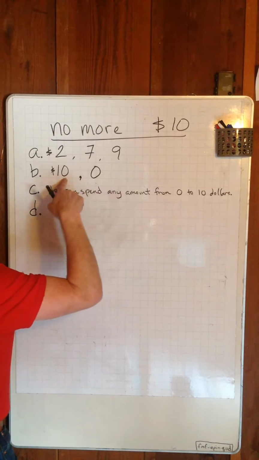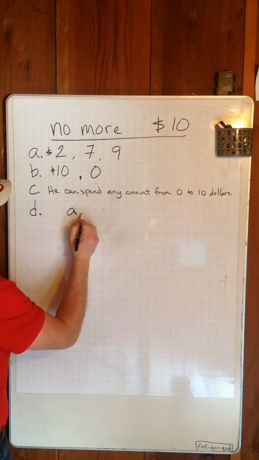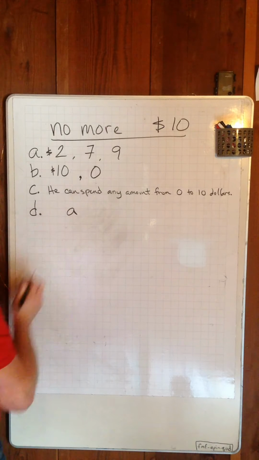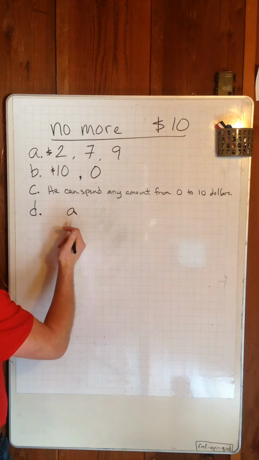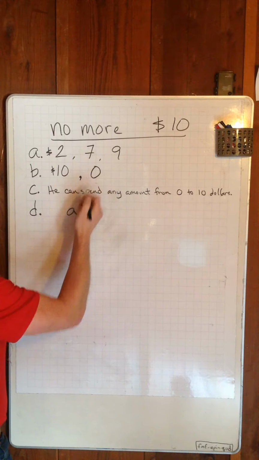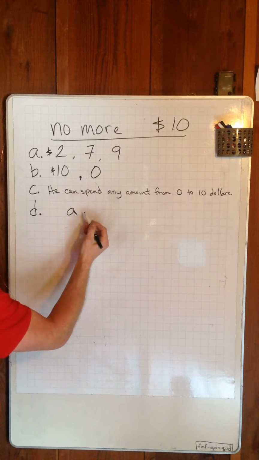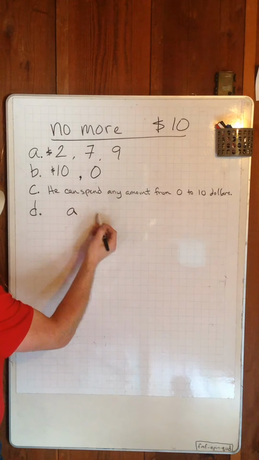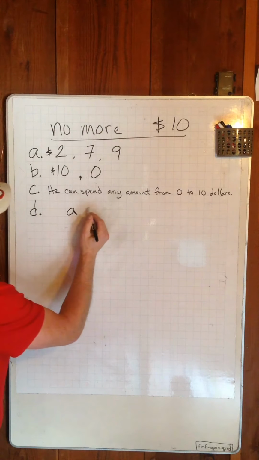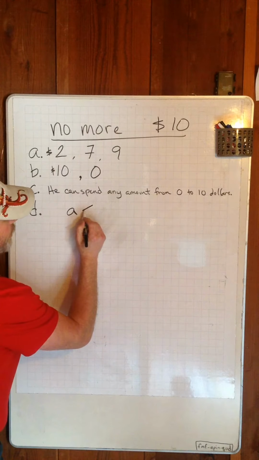Like we said he can spend 10. So A, but it can also be less than 10, right? Can it be more than 10? Can this be 11? No. So if it could be more than 10, the alligator would want to eat it, right? But instead it's going to be less than 10.